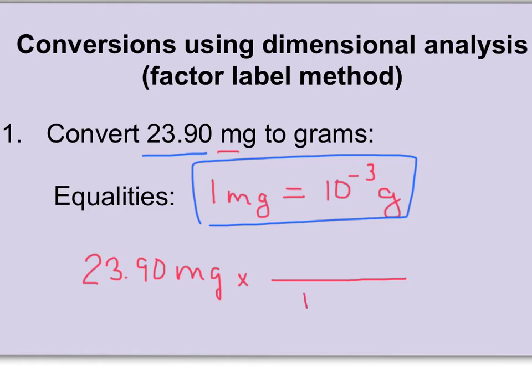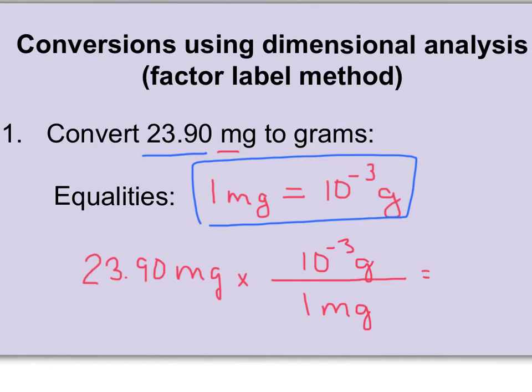So we're going to take the 1 milligram from our equality and put it on the bottom of our ratio, and 10 to the negative third grams goes on the top. Remember, grams is the unit that we're looking for. So now it's just a matter of doing some simple calculations. We're going to take this 23.90, we're going to multiply that by 10 to the negative third, and you could just do this in your head.